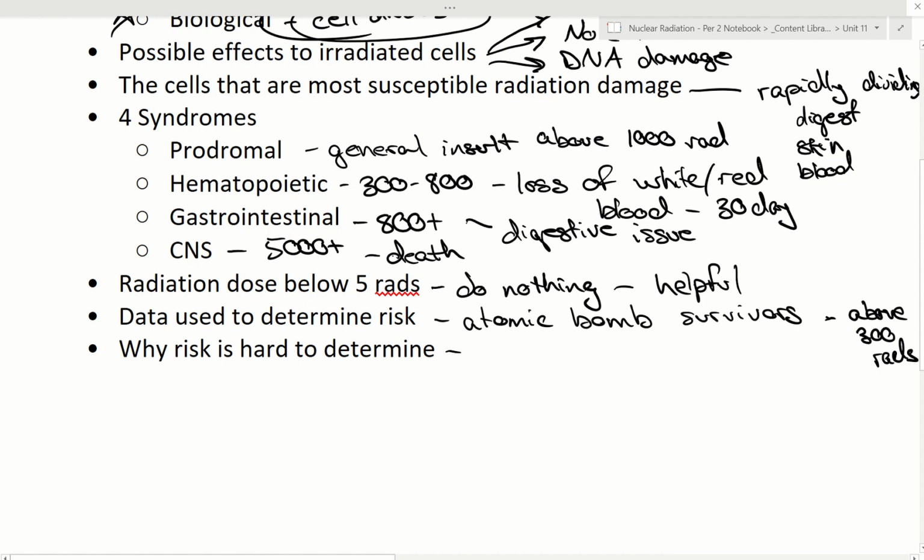Why is risk so hard to determine? Well, it's so hard to determine because there are so many factors that we have to take into account to determine cancer risk or radiation risk. For a study, too many people would be needed, and nobody's going to volunteer.